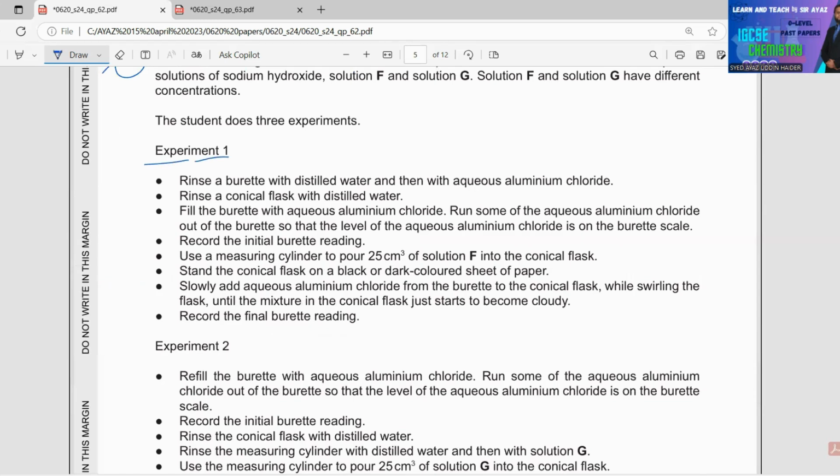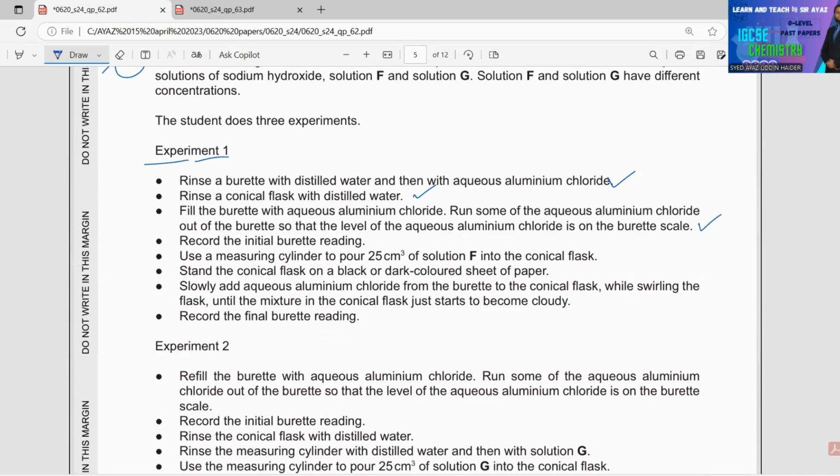rinse the burette with distilled water and then with aqueous aluminum chloride. Rinse a conical flask with distilled water. Fill the burette with aqueous aluminum chloride. Run some of the aqueous aluminum chloride out of the burette so that the level of the aqueous aluminum chloride is on the burette scale. Record the initial burette reading.